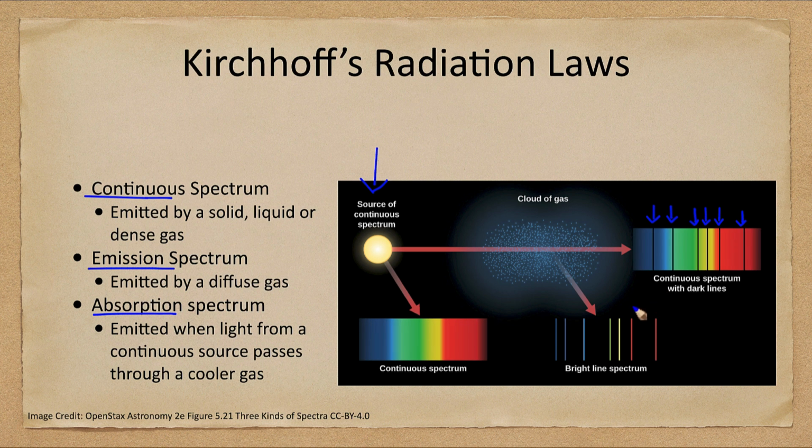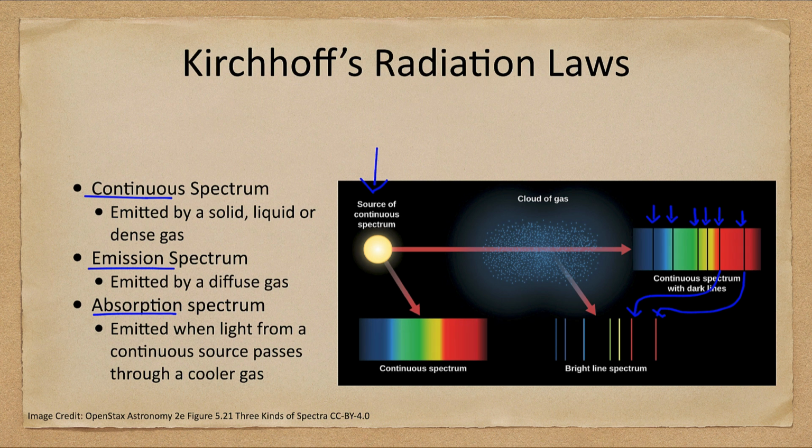So we will see the same sets of lines in the emission and in the absorption spectrum if we're looking at the same cloud of gas. So you might see this red line and this red line and so on. So in an ideal case, you would see exactly the same lines in each case, because again, the lines tell us the composition.